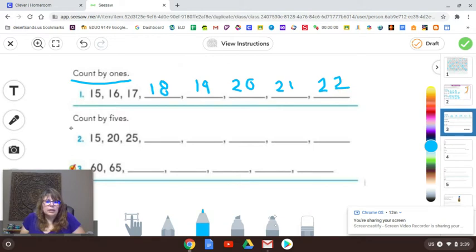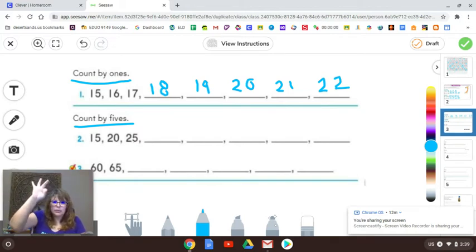So now the rule says count by fives. So that's important to look at the rule. So we have 25. We put 25 in our head, 26, 27, 28, 29, 30. So our next number will be 30. 30, 31, 32, 33, 34, 35.